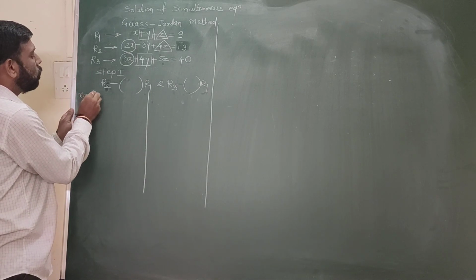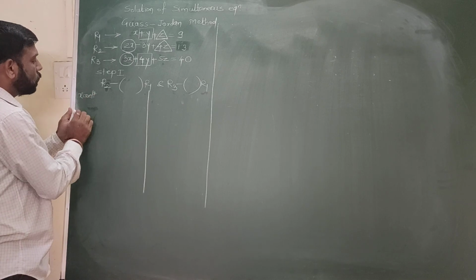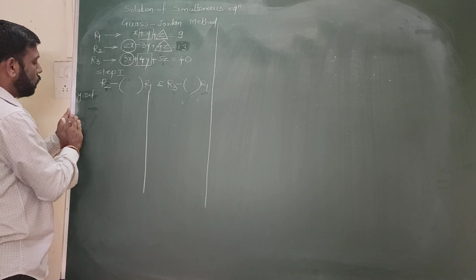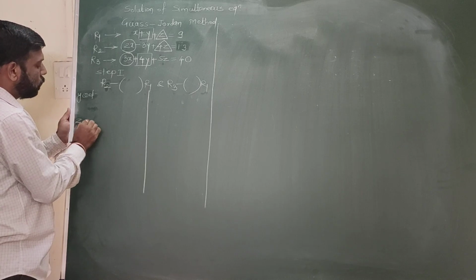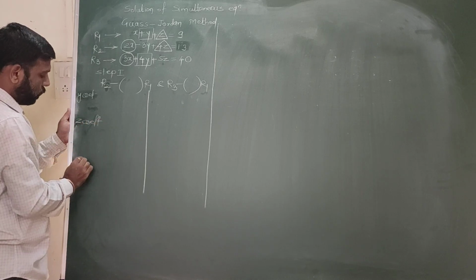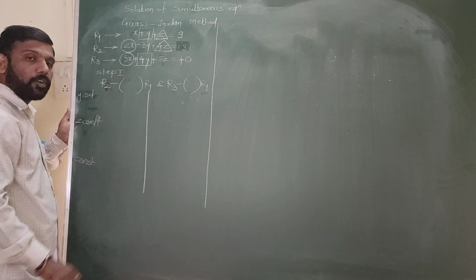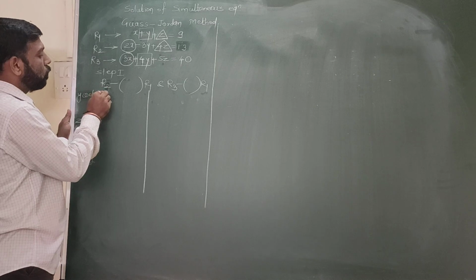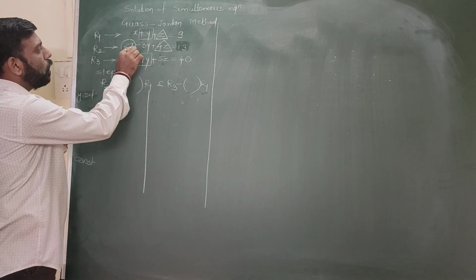X coefficient, X becomes 0, then Y coefficient, Z coefficient, and the constant term. First, for R2, this element becomes 0.